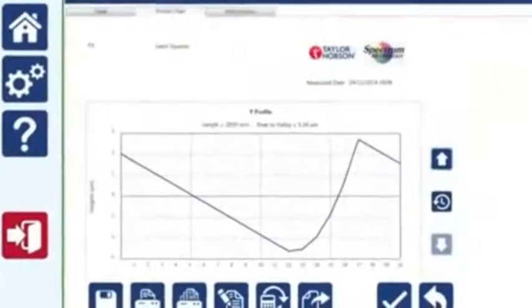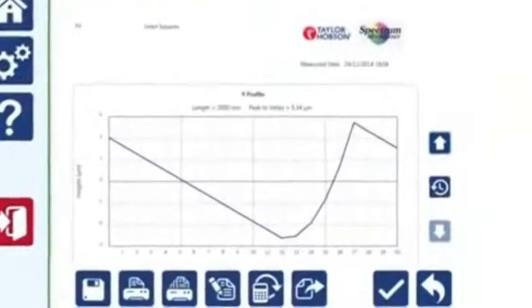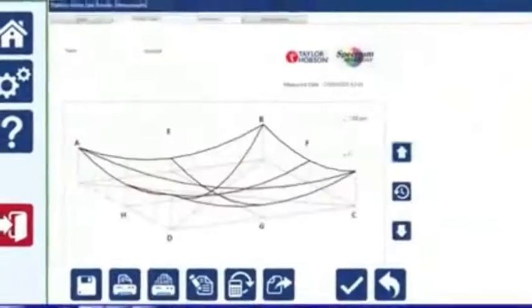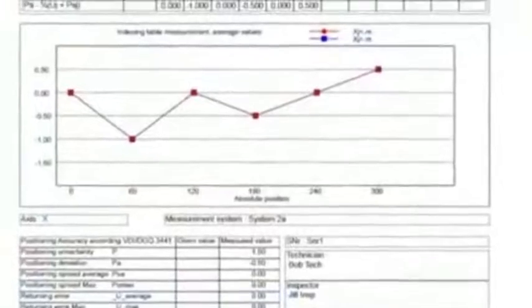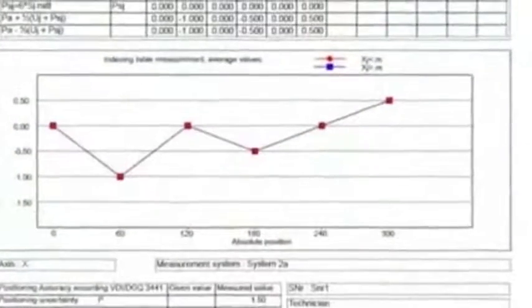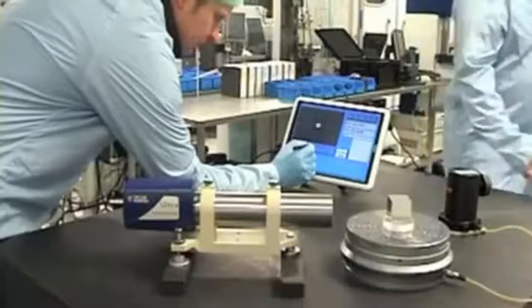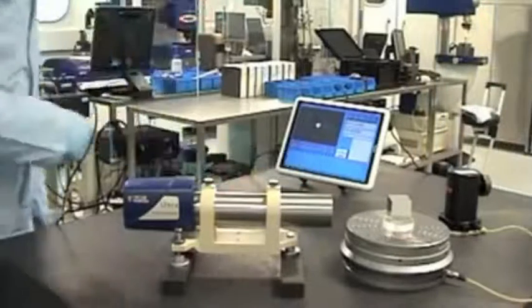We also offer simple, intuitive software for these products that will give you information on straightness measurement, flatness measurement and polygon measurement. This software is provided as standard with the Ultra Autocollimator, already loaded on the tablet PC.